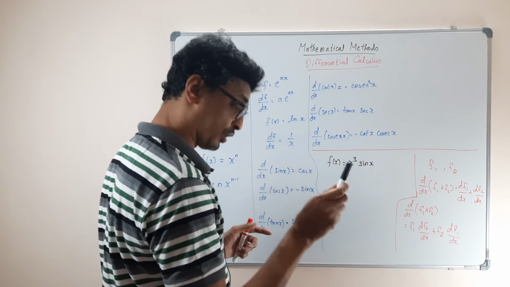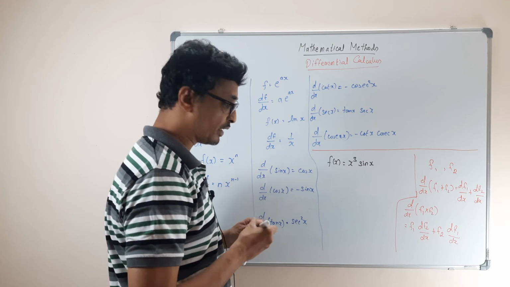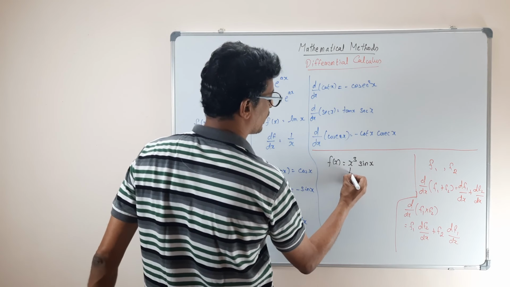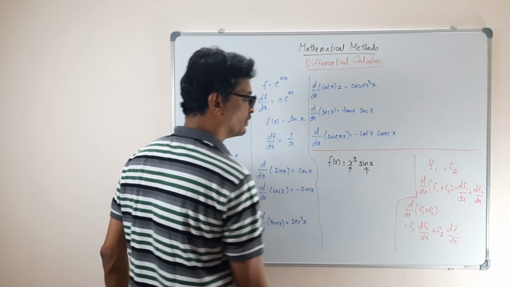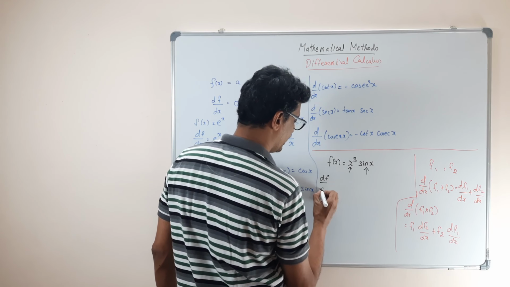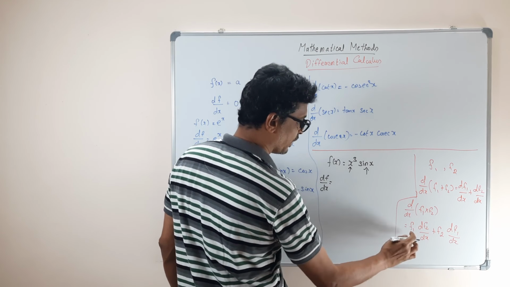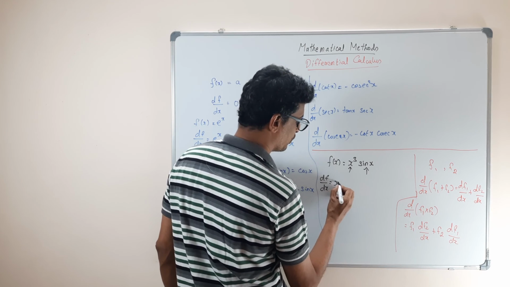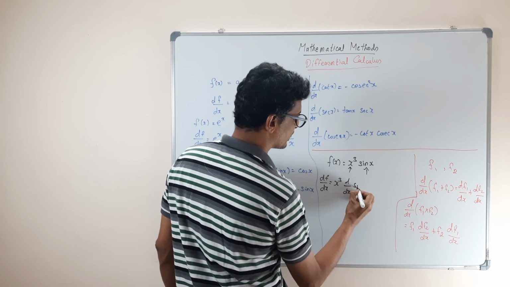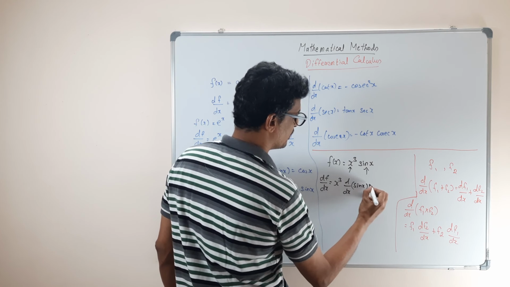So remember all the properties, otherwise we'll make mistakes. Simple. This is your f1 and this is your f2. Do it. So df by dx equals f1, which is x cube, into d by dx of sin x. Correct?